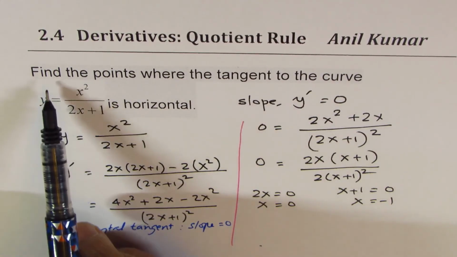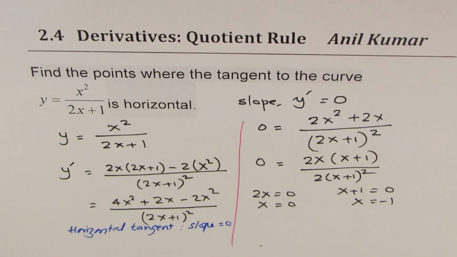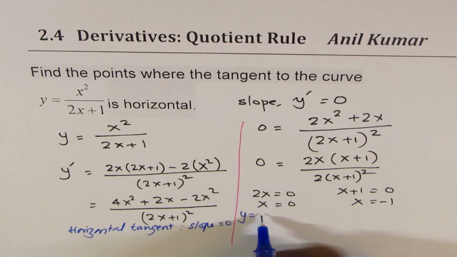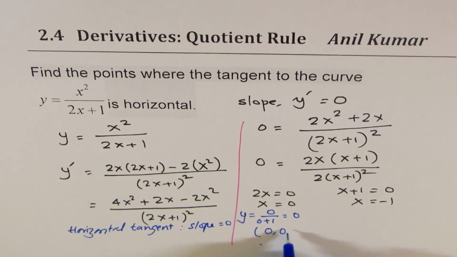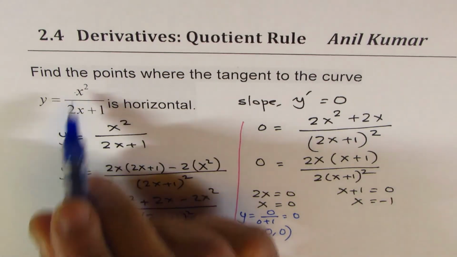Now when we say find points, we have to find the y value also. That is very important. So let's find y. So y when x equals to 0 is 0 over 0 plus 1, which is 0. So the point is 0, 0, one of them. The other one, we have to substitute minus 1 here.